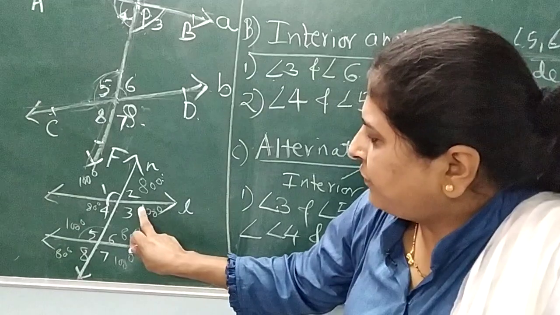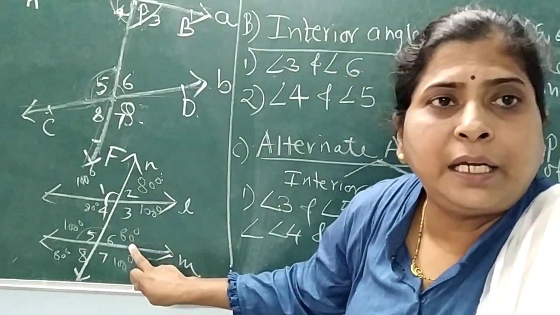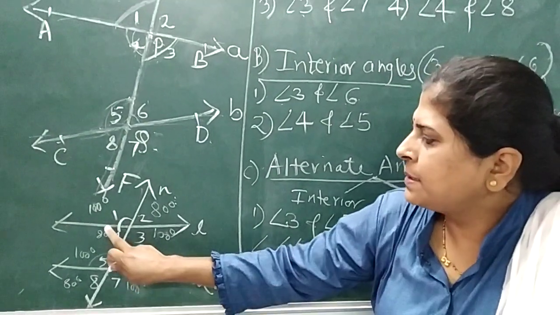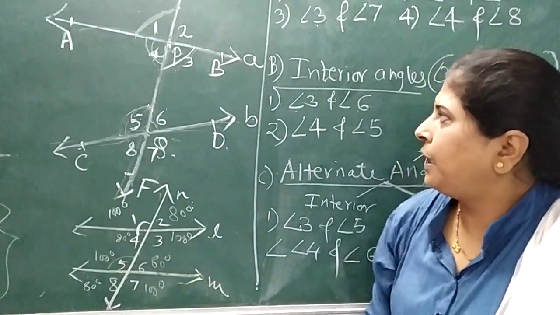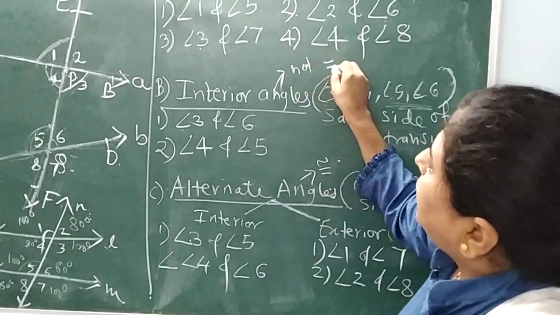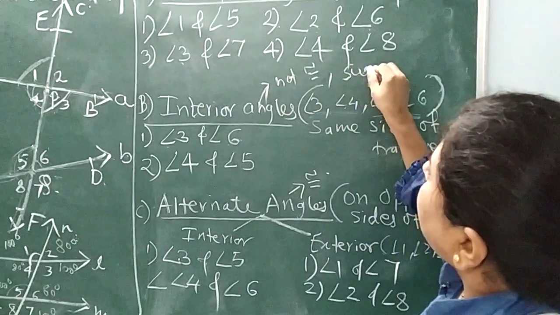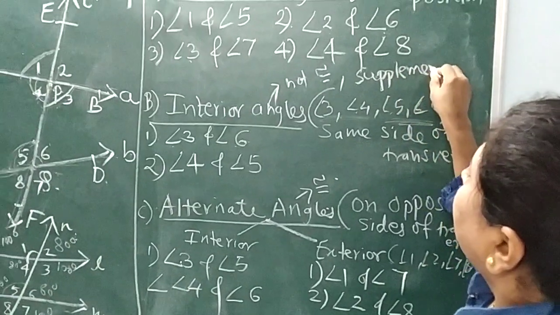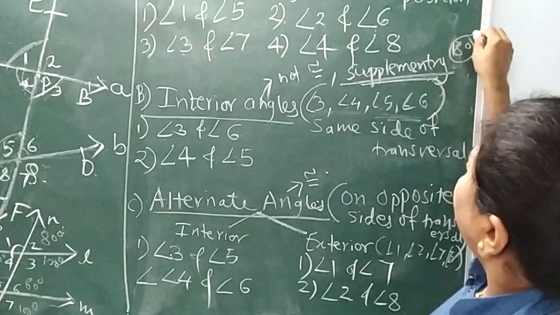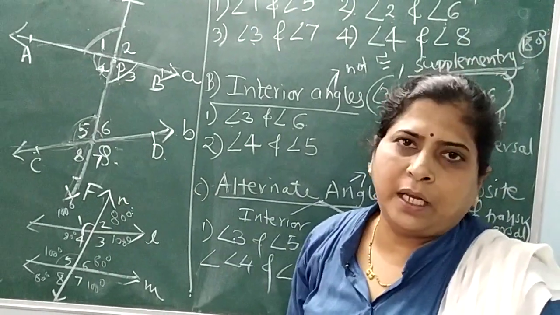So are they congruent? If this is 100 degree, this is not 100, this is 80. But you can see that the sum of these 2 is 180. Similarly here also the sum of these 2 is 180. So these angles are not congruent, but they are supplementary. Supplementary means their sum is 180 degree. Sum of their measures is 180 degree.